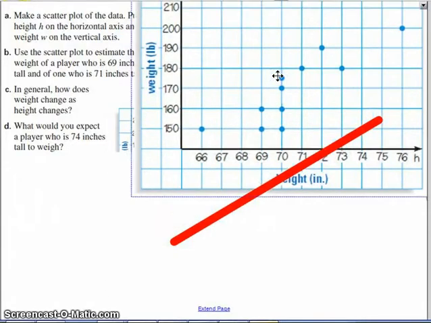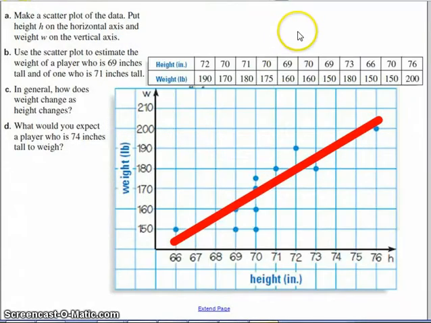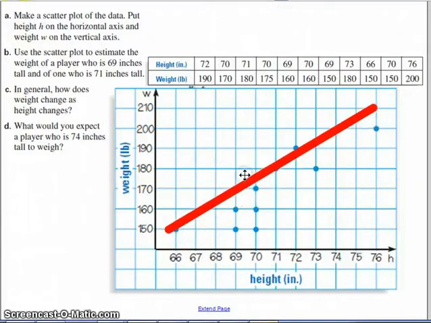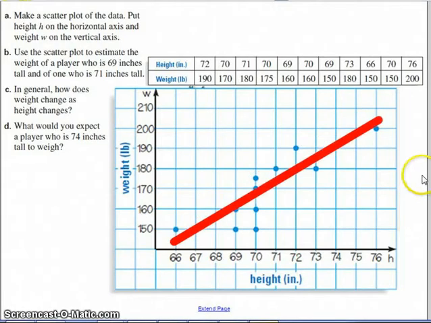And one person's line might be slightly different than another's. This is mine. Notice I don't think it's crucial that my line go through any points, and I'm not sure it really does. Yeah, there aren't any that are actually under it. That's not the point. It's that it represents the general trend of all of them, and I'll talk about this in class next time we meet.